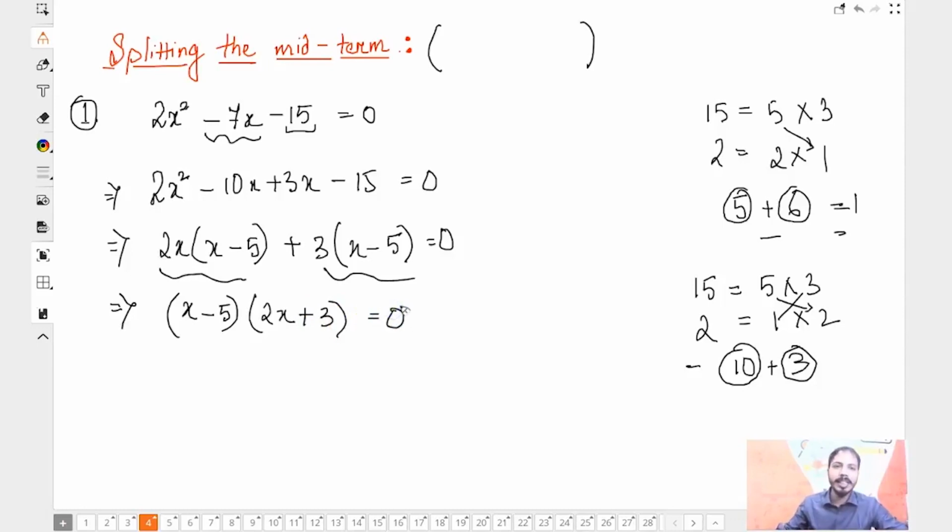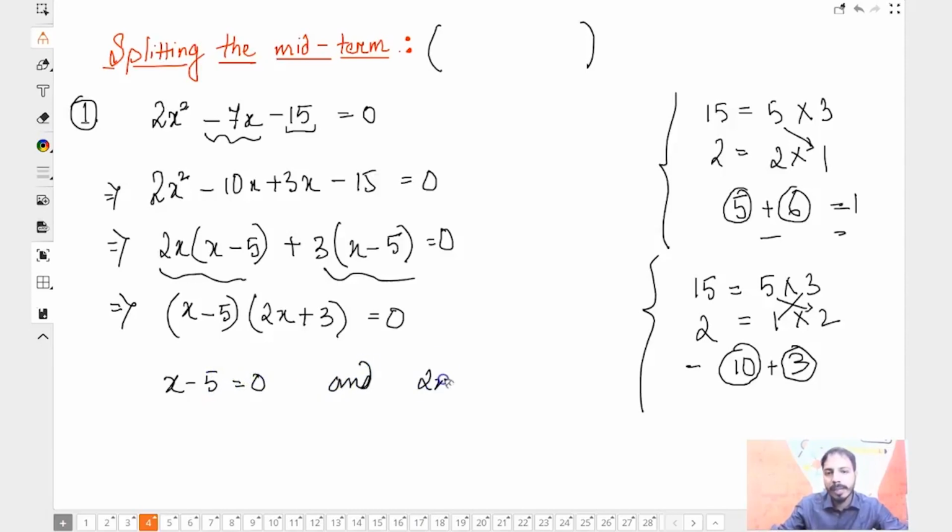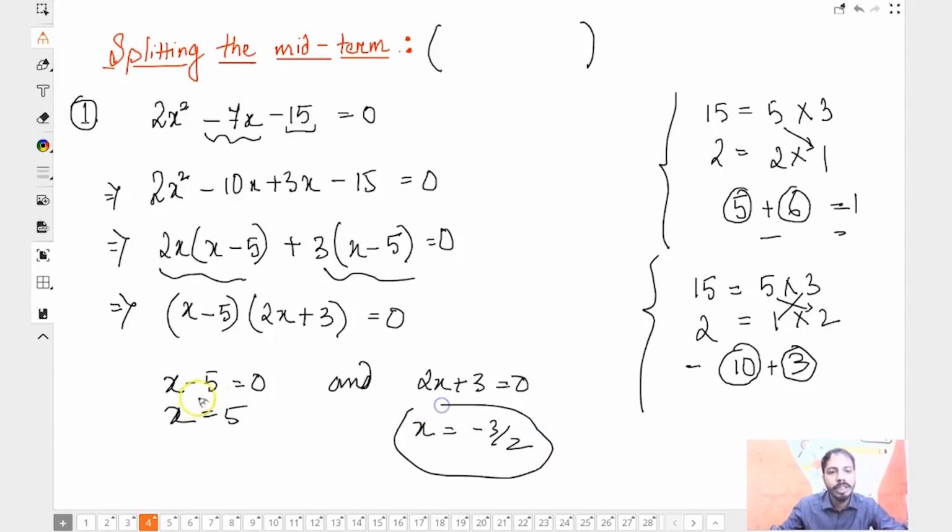So I have factorized this quadratic equation by this technique. Now once I have factorized it, I can equate these to 0. So I can write x minus 5 equal to 0 and 2x plus 3 equal to 0, that is x equal to 5 and x equal to minus 3 by 2. So these are the zeros of this quadratic equation.